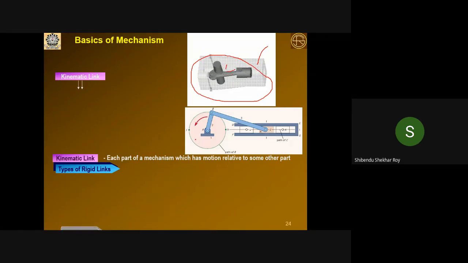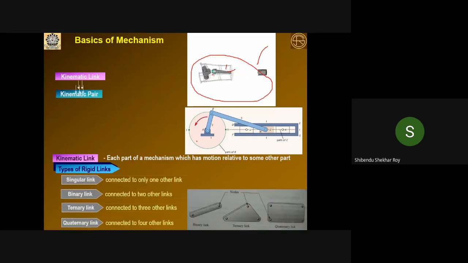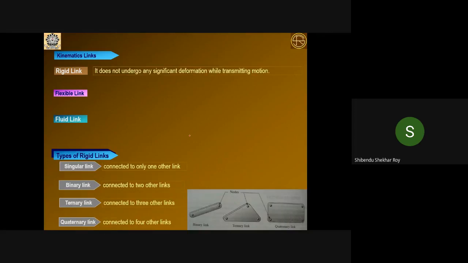So what are the different types of links? Links are either rigid or flexible, or they may be fluid. So there are three classifications. Links may be rigid.